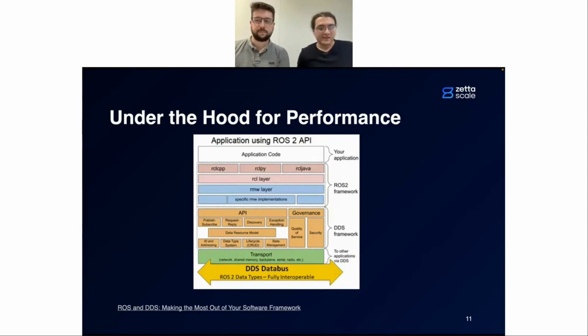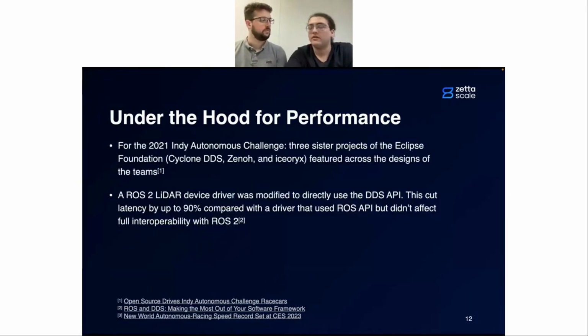The point is that as you introduce these additional layers, that can introduce inefficiencies, like serializing, deserializing, overhead that in some cases might lead to latency that just means your application isn't able to function correctly. For example, the 2021 Indy Autonomous Challenge featured three of the sister projects from the Eclipse Foundation: Cyclone DDS, Zenoh, and iceoryx.